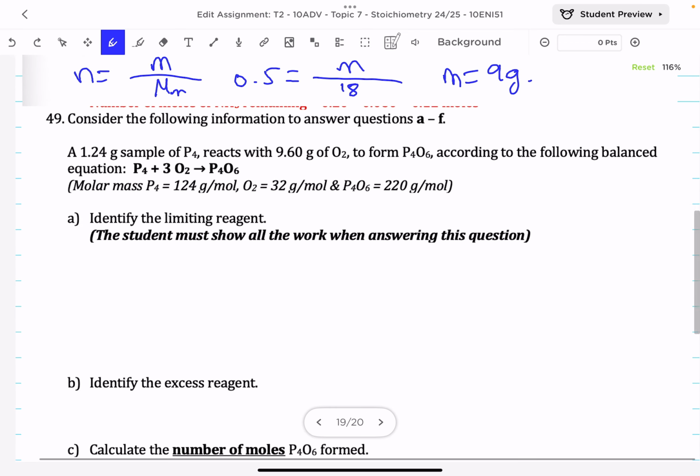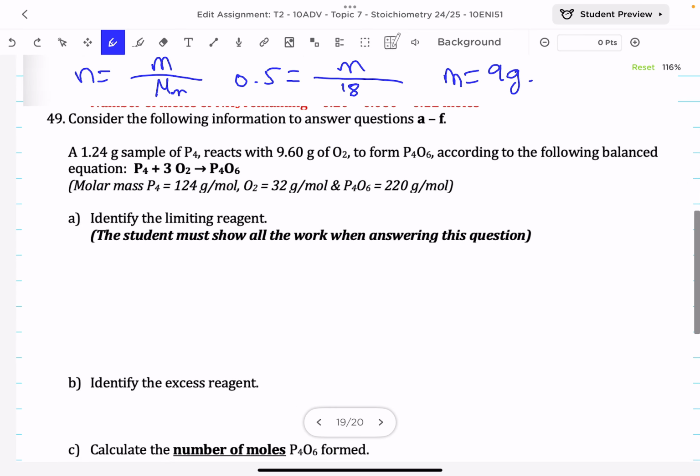Again, one more question. Consider the following information: 1.24 gram sample of P4 and 9.60 gram O2. Of course, they gave me two values, so they're going to ask me to find the limiting. I mentioned already before that whenever I'm calculating limiting and excess, I cannot divide a mass by the reacting ratio.